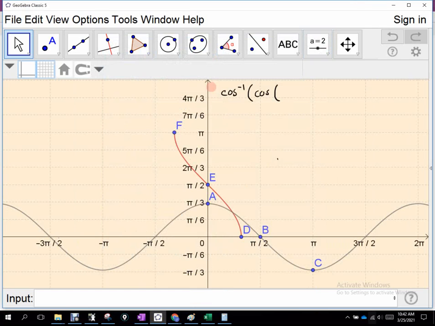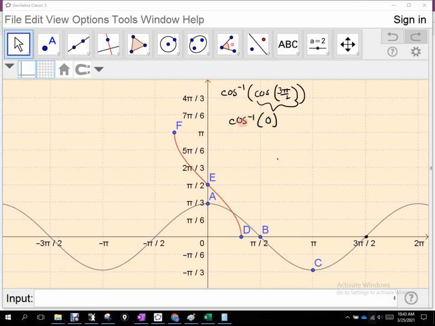So if I ask you cosine inverse of cosine of, let's just say 3 pi over 2, what you would do here is find the innermost function, cosine of 3 pi over 2. So that's the input. I look right there, and what is the output that I get? What's the y value back that I get? It'd be 0, right? So now I go cosine inverse of 0.